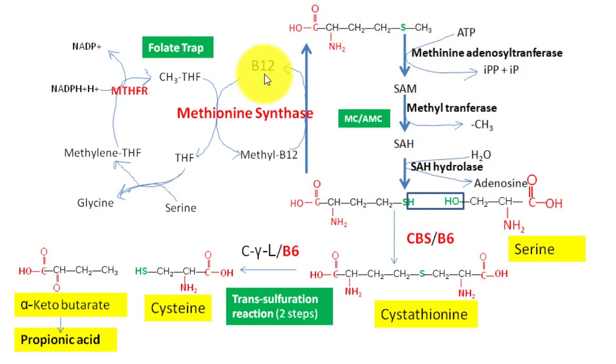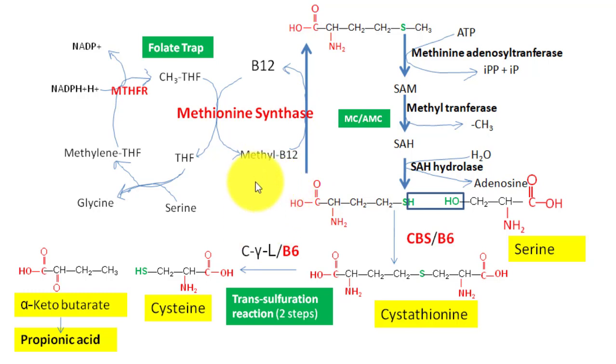Vitamin B12 is also required here, and if there is deficiency in vitamin B12 or folate, or deficiency in the enzyme that metabolizes folate, there will be impaired conversion of homocysteine into methionine. If there is blockade in this pathway, homocysteine will rise.